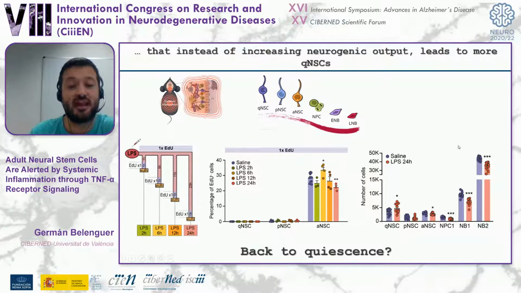What you see is less production of the latest stages of the neurogenic progression, fewer progenitors and fewer neuroblasts, while you increase the number of quiescent stem cells, a population that does not proliferate at all, not even after inflammation starts. So we wondered whether this transient activation could be coupled to a mechanism of going back to quiescence.